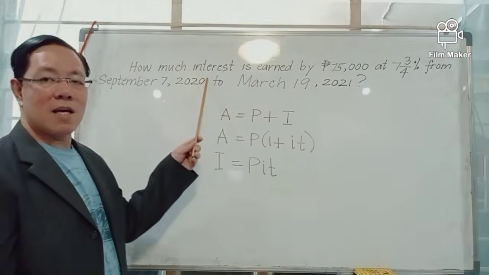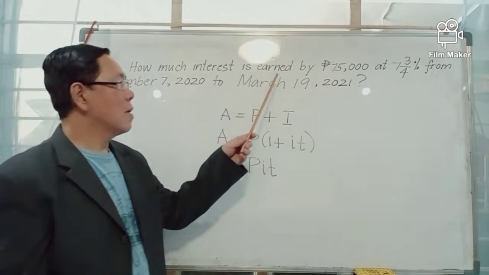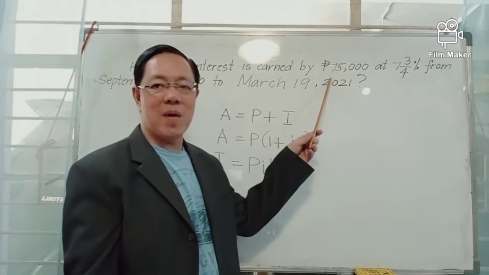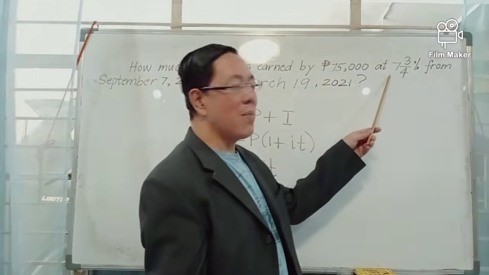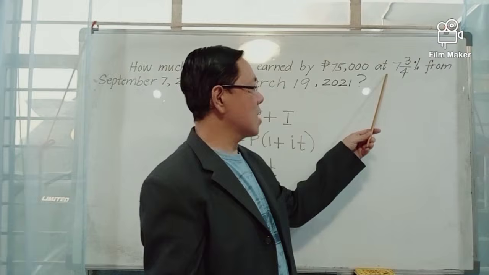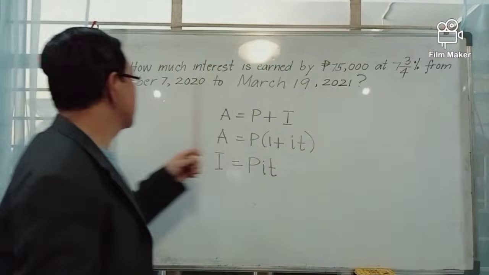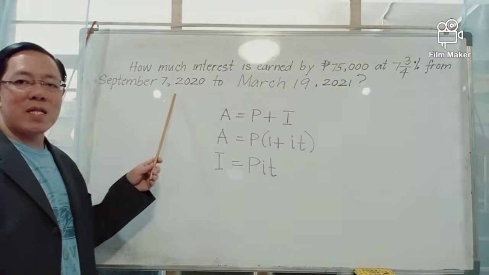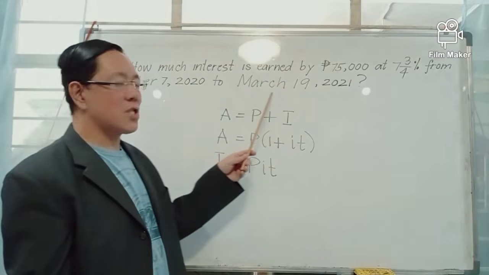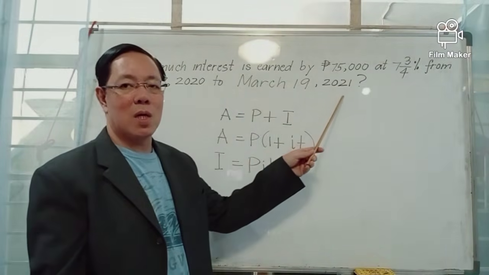How much interest is earned by 75,000 pesos at 7 3/4% from September 7, 2020 to March 19, 2021?